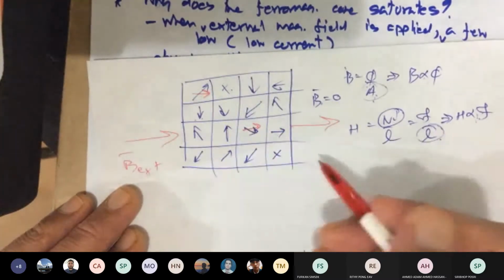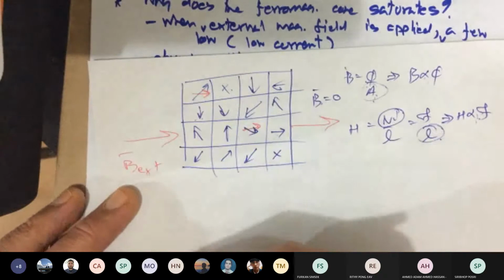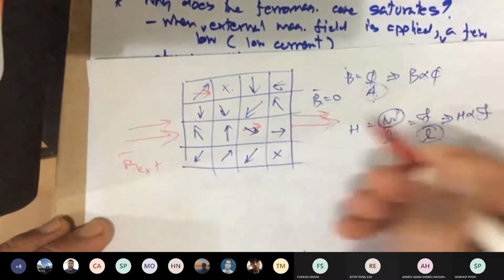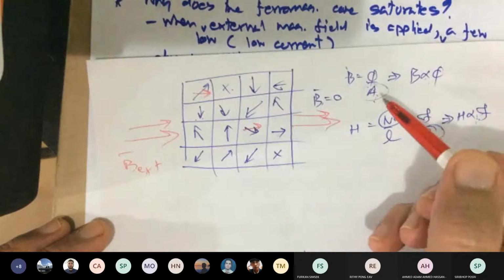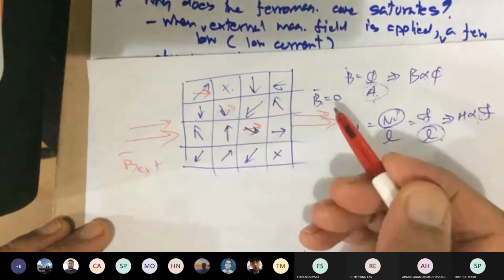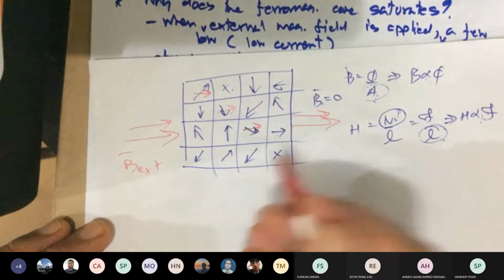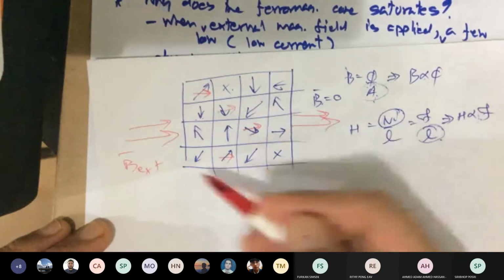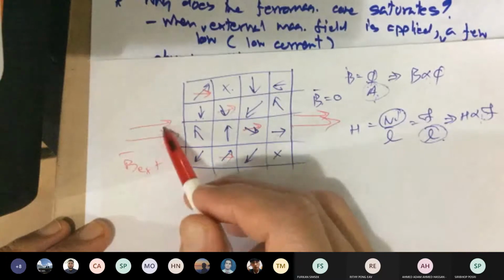So maybe in this case only 2. Okay. I increase to an even higher field strength. Now this guy would probably change. Okay. That's going to happen as you go higher and higher.